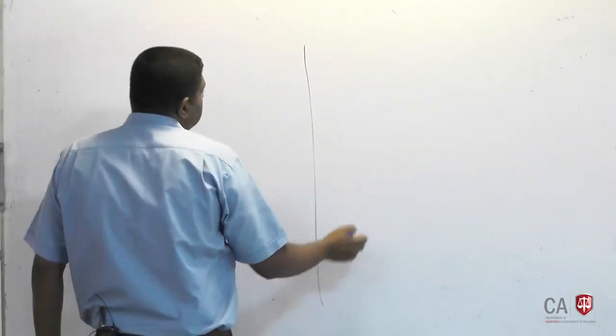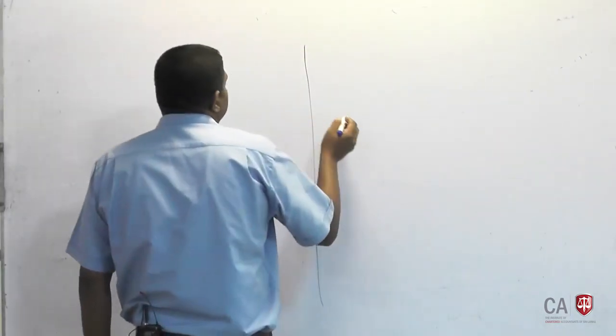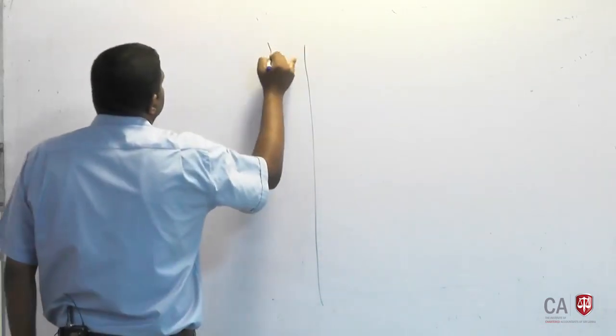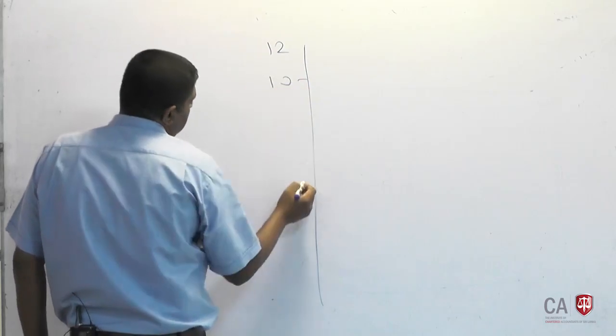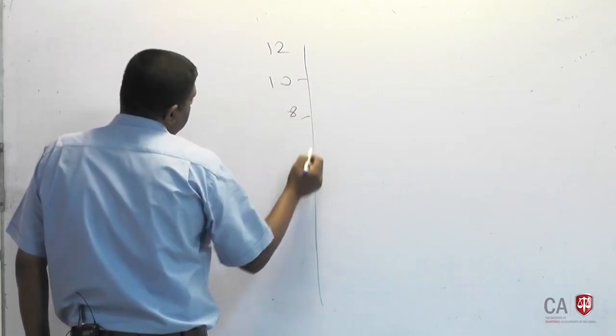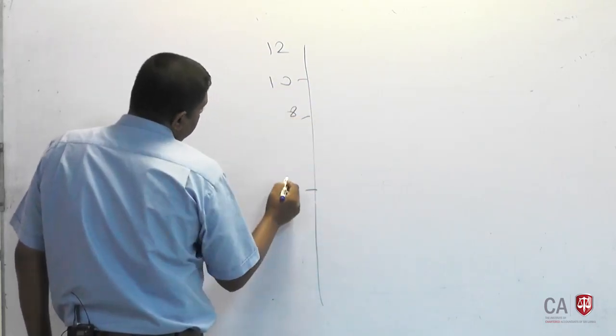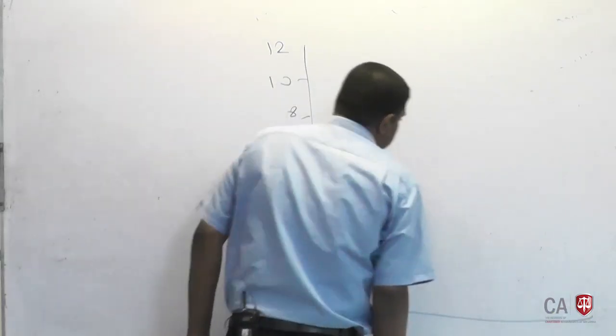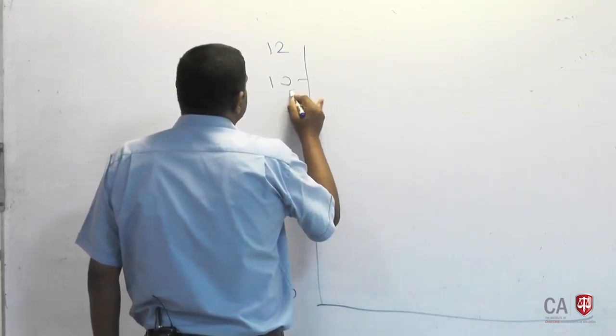so it looks like this. Say for example, I will take some price range here: 12, 10, we will say 8, we will say 5, 0.